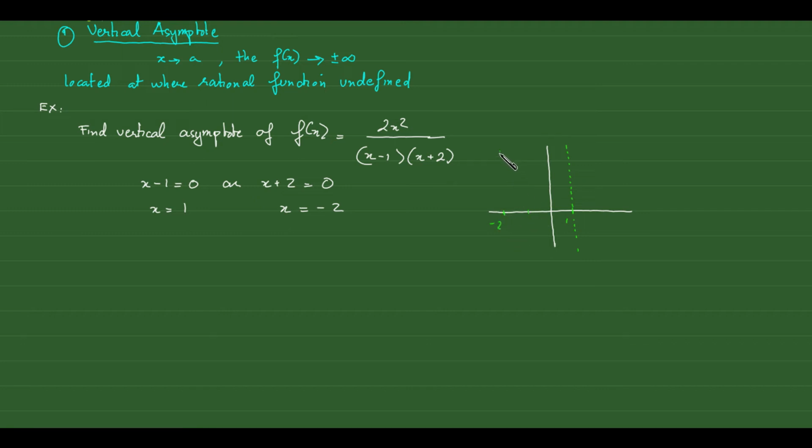This is the second vertical asymptote. So we have two vertical asymptotes, and you just look at the denominator. This is the equation for the vertical asymptote. First vertical asymptote, second vertical asymptote. So vertical asymptotes seem to be very easy to find.